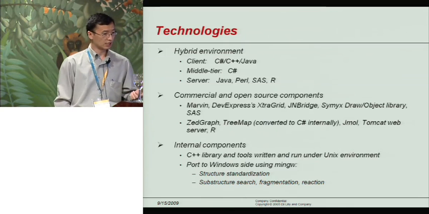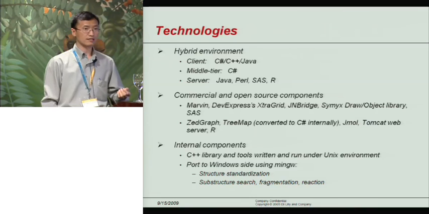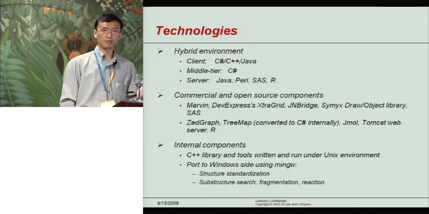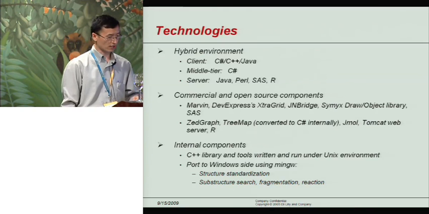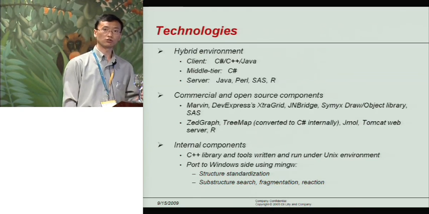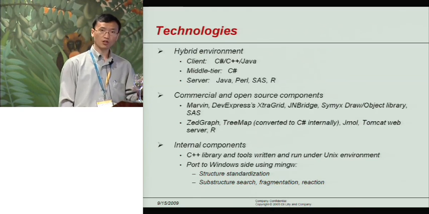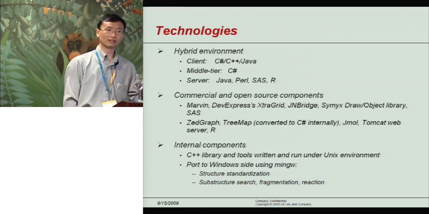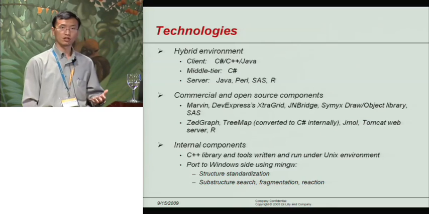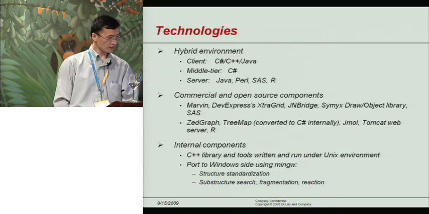Commercial ones like Marvin or the DevExpress data grid, and we use GenBridge, and also the Symmetric draw object library to manipulate and draw structures. Open source ones like ZGraph to do the charting, and Gmo for 3D-based data visualization, and of course the Tomcat web server to host our web services.